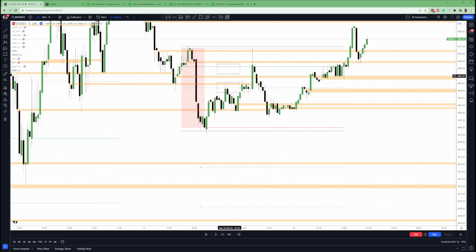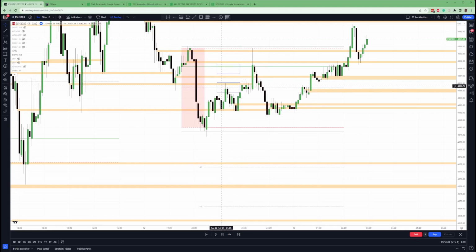But the master actually gave us three types of ways to enter in these areas, and the first one was definitely the monkey. So then you would expect price to do a retracement in this box, and then at the end of the box you just enter.